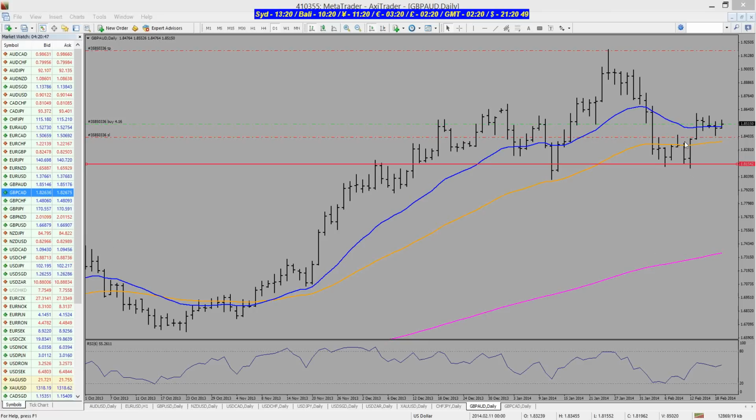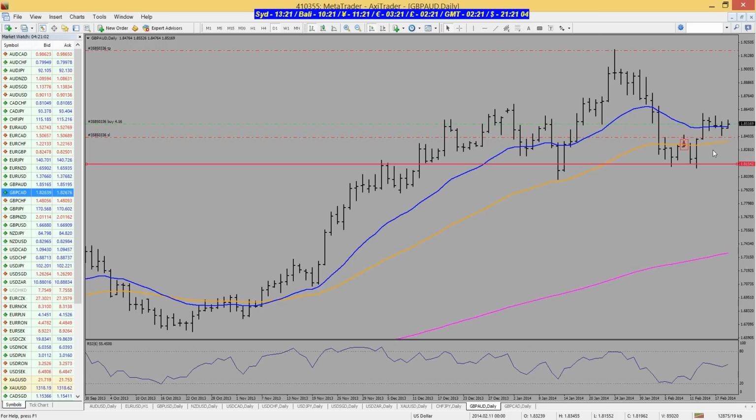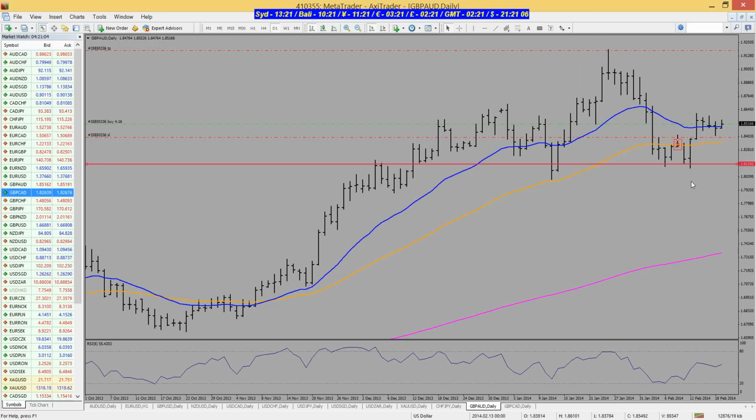Look, if you were in here, your stop should be there. If you'd got into the trade at that point in time there, your stop should be at break even.